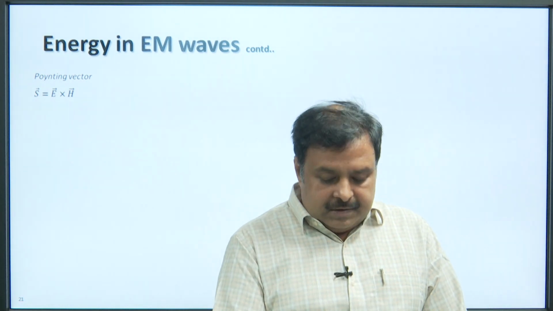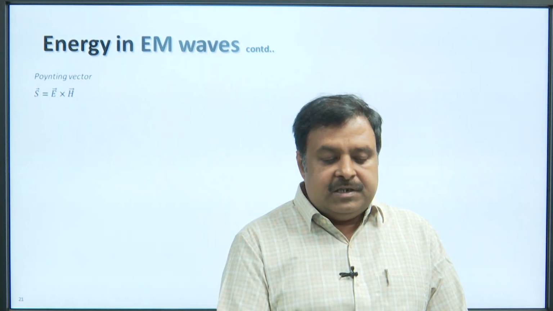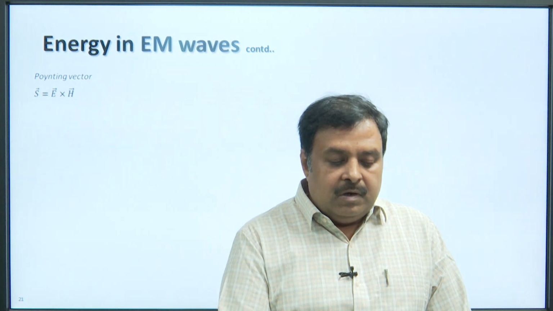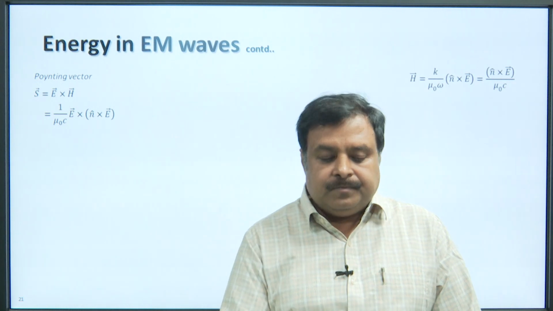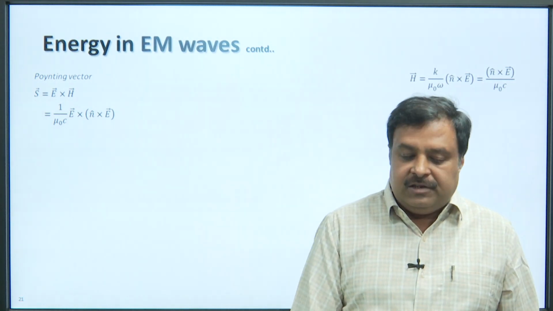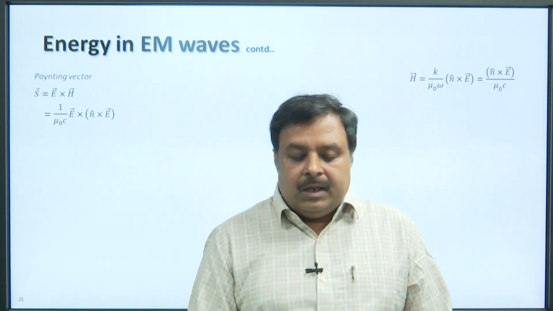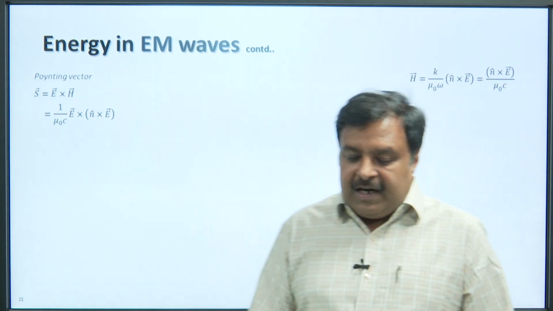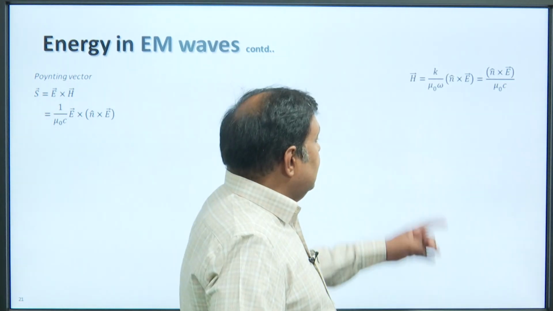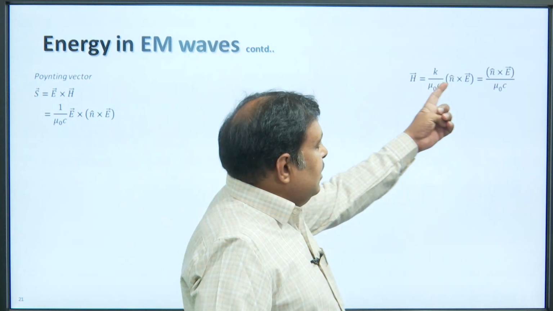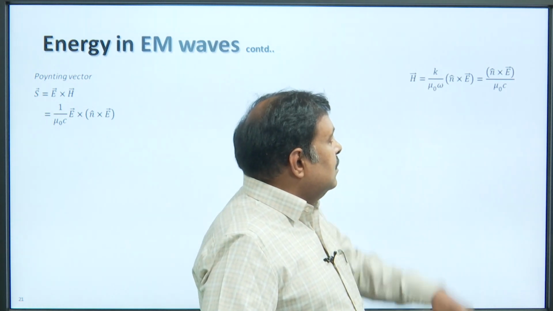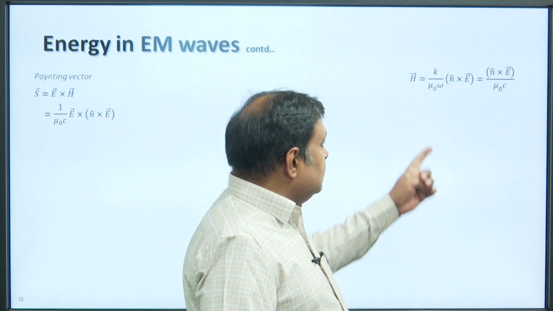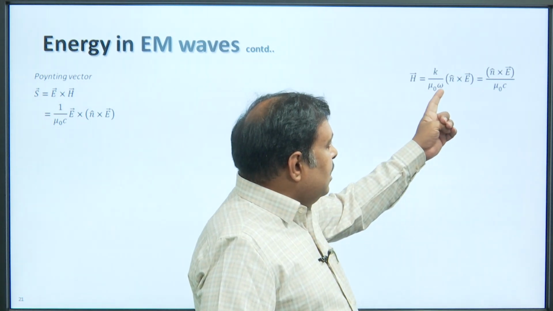Now, let us have a few equations for Poynting vector average energy. So, S is E cross H, and H is related to electric field E. Magnetic field H is related to electric field E by this equation. K is 2 pi by lambda and mu 0 omega.